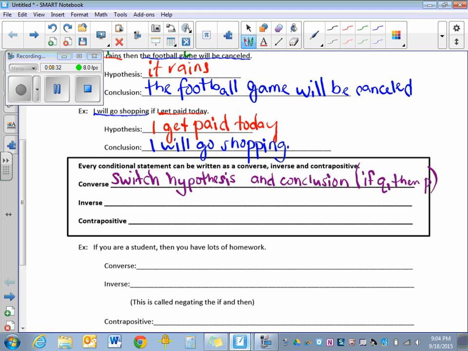All right, the inverse. The inverse is where we negate the hypothesis and the conclusion of our original conditional.